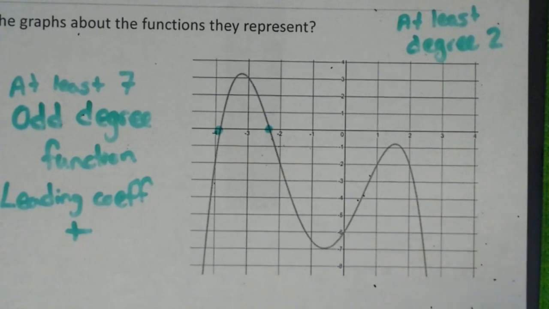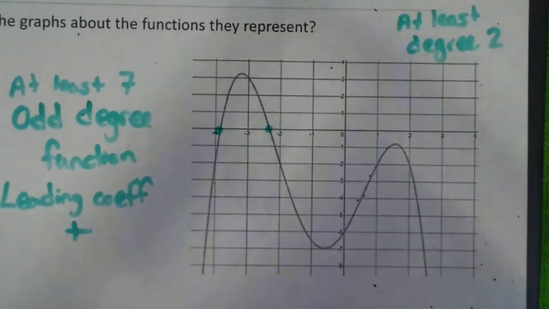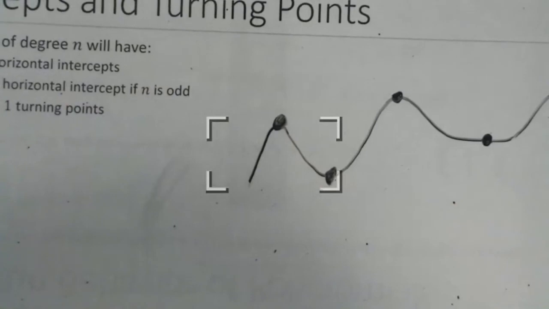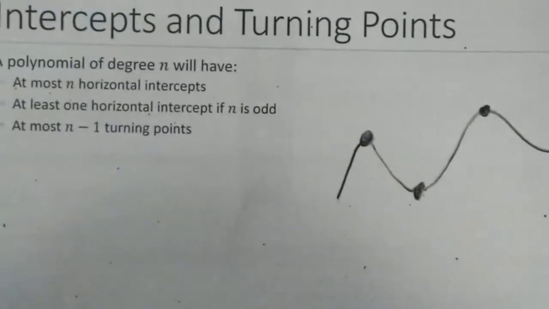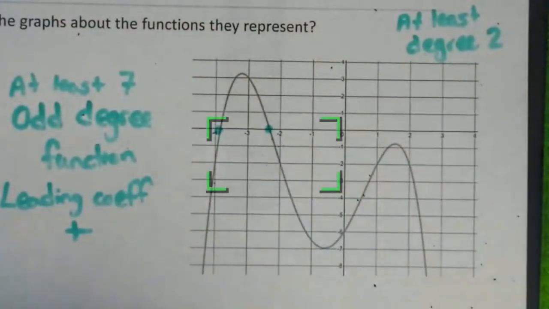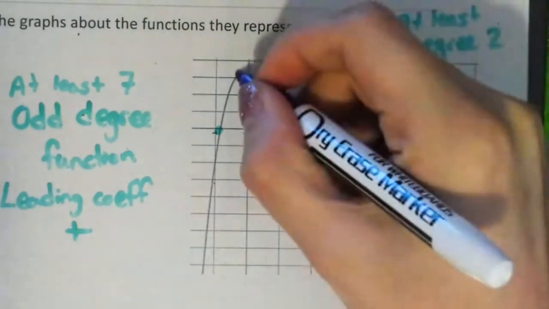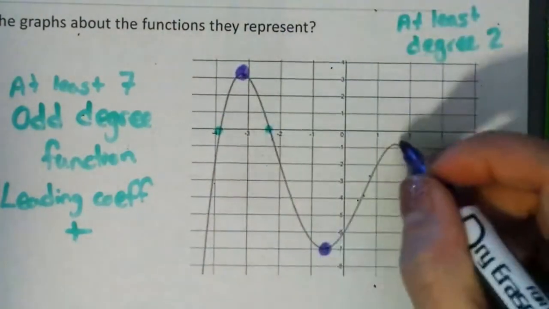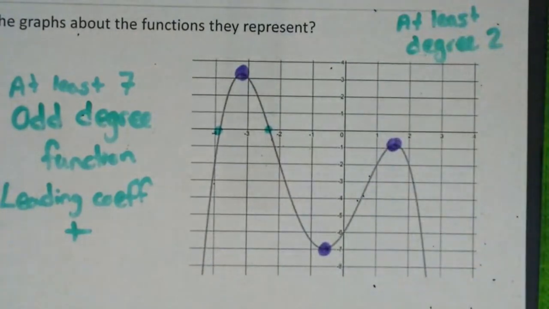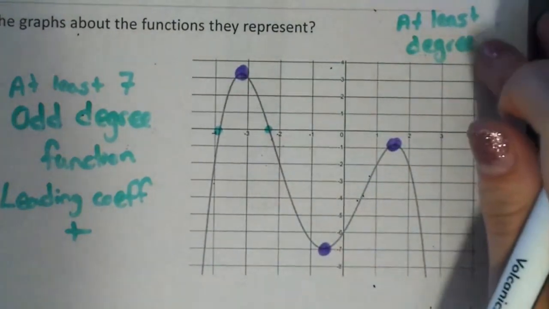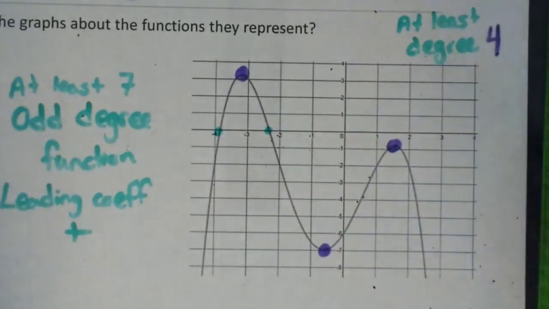That slide before this said that a graph has at most n minus 1 turning points. Look at how many turning points there are here. We have 1, 2, 3 turning points. That means we have at least a degree of 4 because we have to add 1 to get back to n. This is at least degree 4.